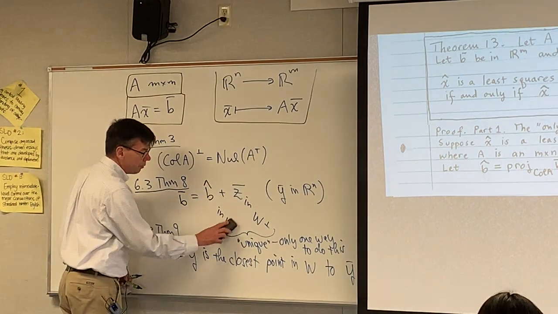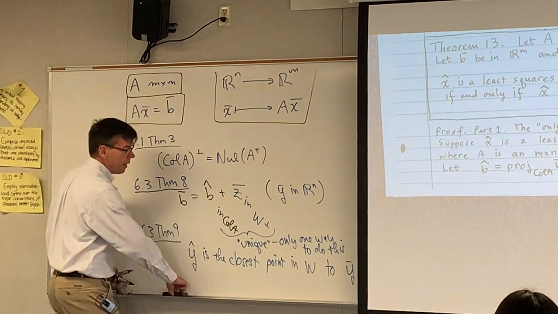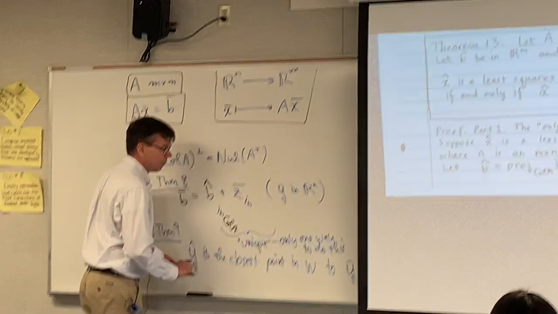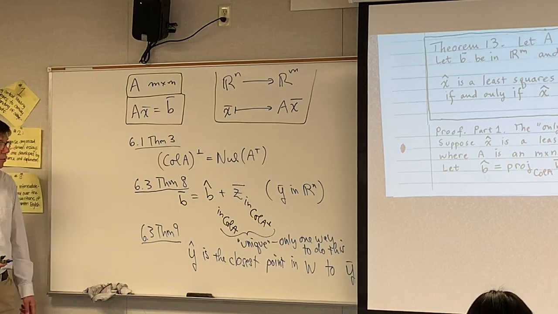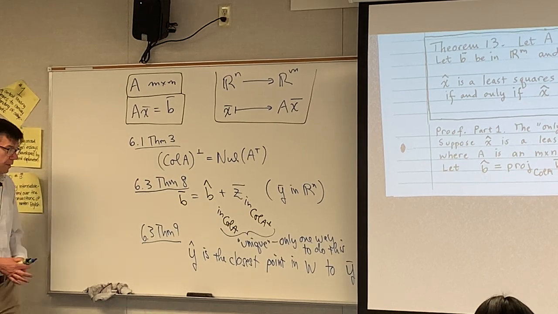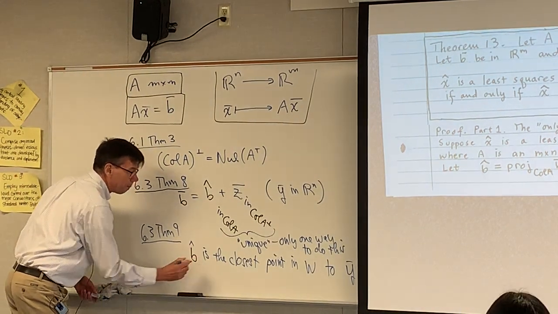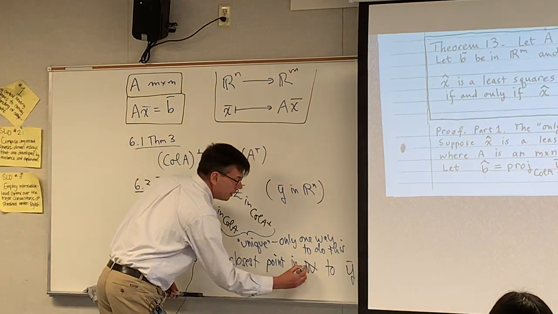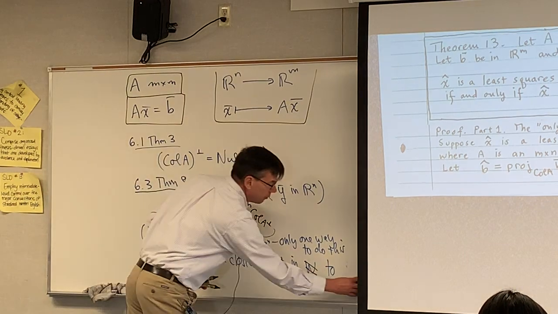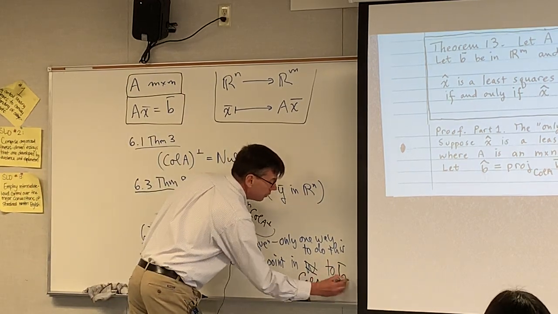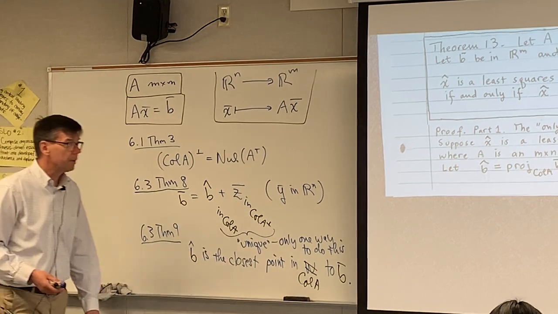And instead of W, we talk about the subspace that's the column space of A and the perpendicular complement of the column space of A. So that's where we're applying this previous theorem 8 from 6.3. And b hat is the closest point in the column space of A to the vector b. So we're just talking about b in the role of y from that previous scenario.